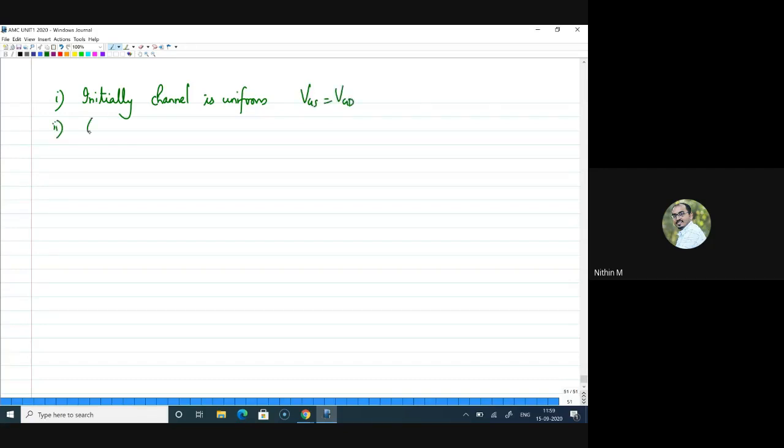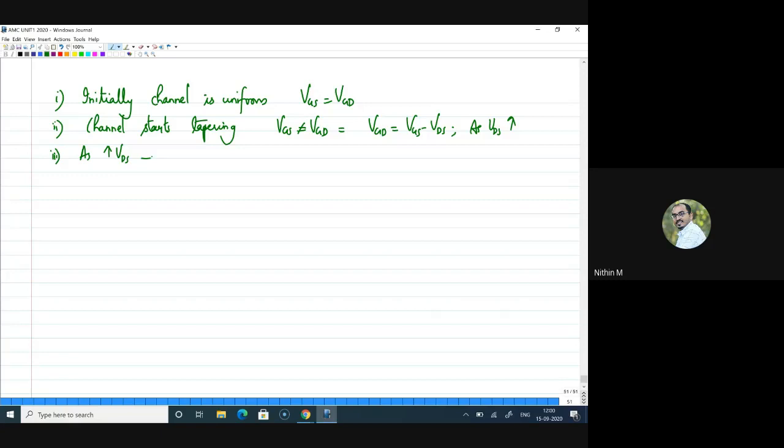Then the channel starts tapering, where your VGS is not equal to VGD, or in fact your VGD is equal to VGS minus VDS. As VDS increases, this happens. Now after a while, as we increase VDS further, the channel pinches off.